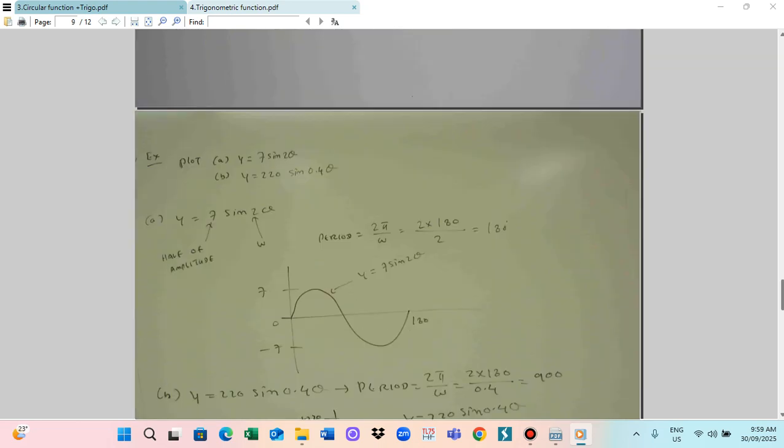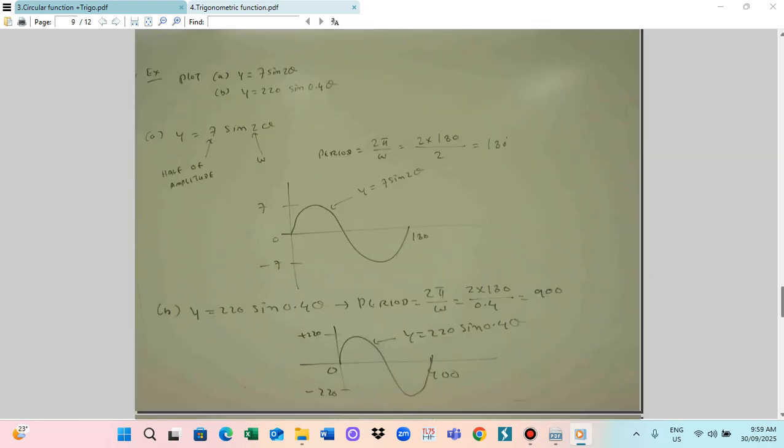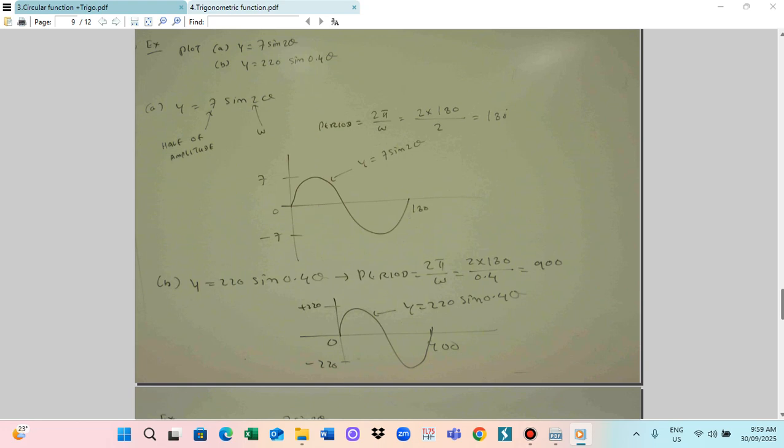In this case, firstly we plot y equal to 7 sin theta. So y is equal to 7 sin theta. In this case, the 7 represents half of the amplitude. The angle is 2 theta.